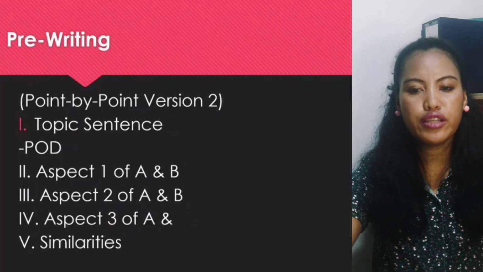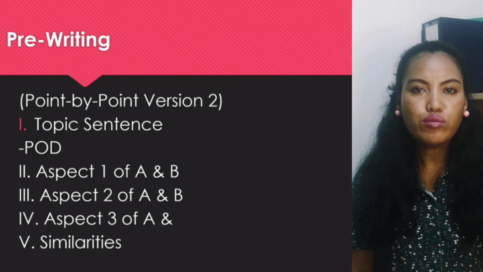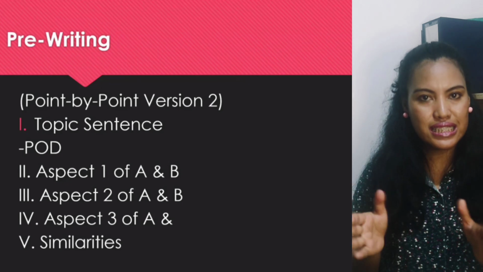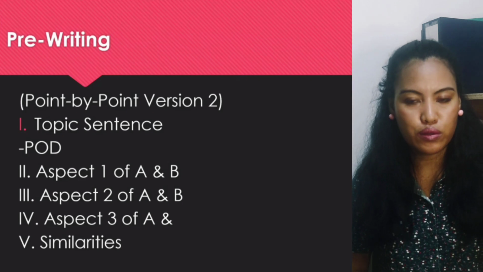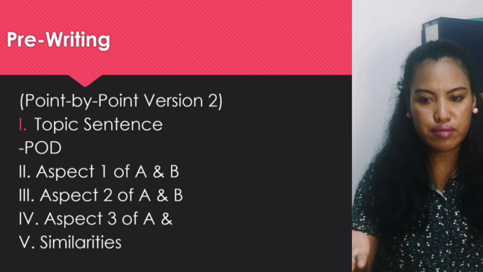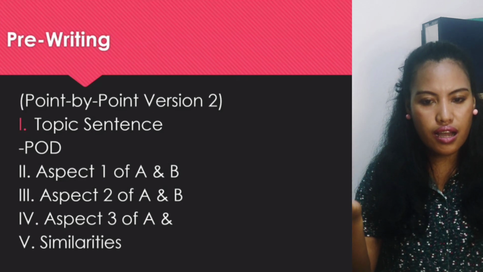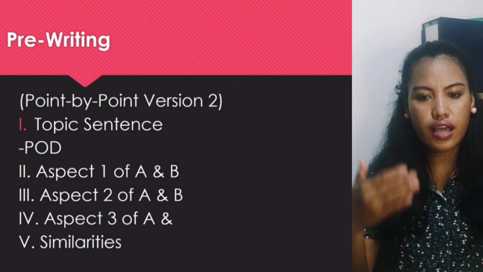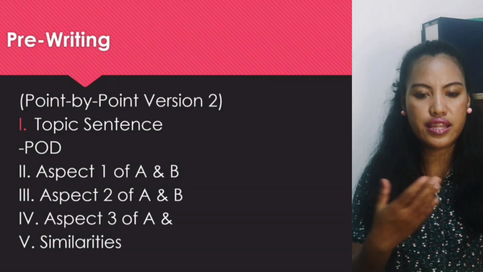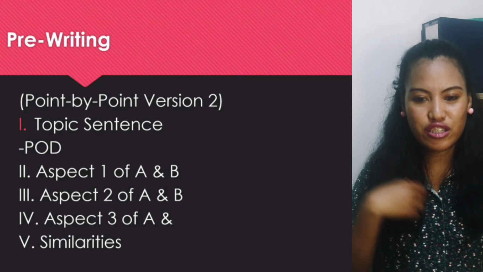Next is the point by point version two. So as I've told you, in our example, this is the outline that it follows. You have here the topic sentence, just the same from version one. Then the second one will be talking about aspect one of A and B right away, and then aspect two of A and B, then aspect three of A and B, okay?